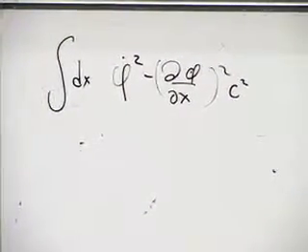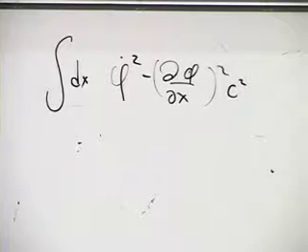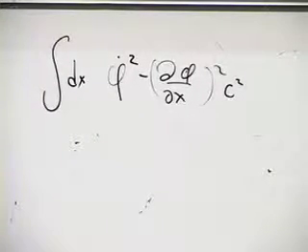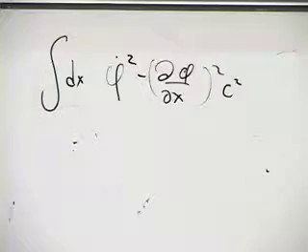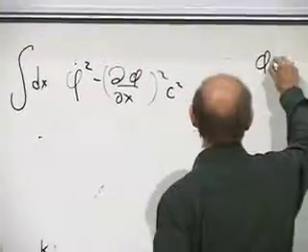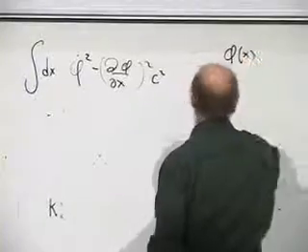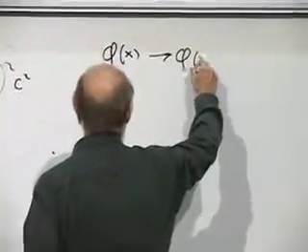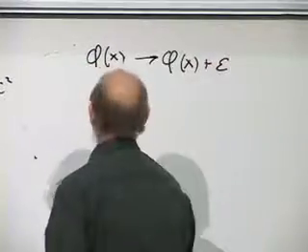There's translation of the x-axis, indeed, and we're going to do that one, but there's a little simpler one. It's translation of phi. Supposing I take phi of x and shift it everywhere by the same amount: phi of x plus epsilon.